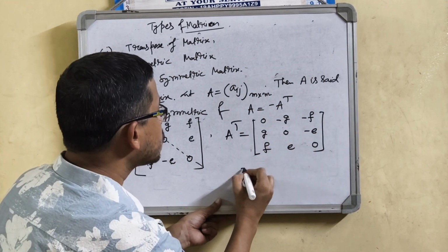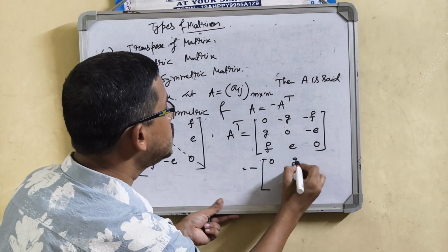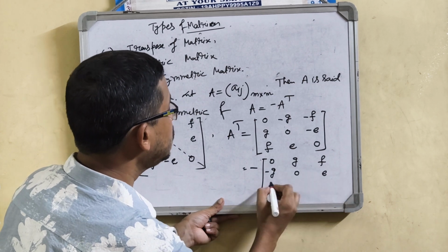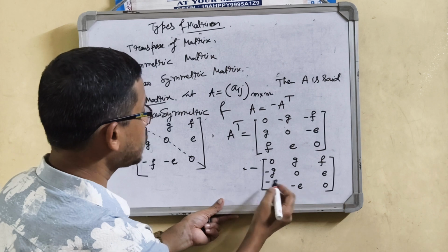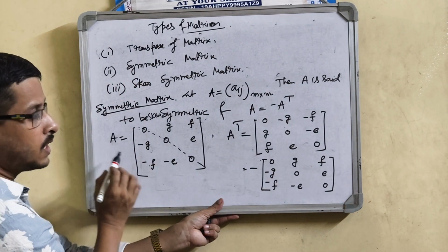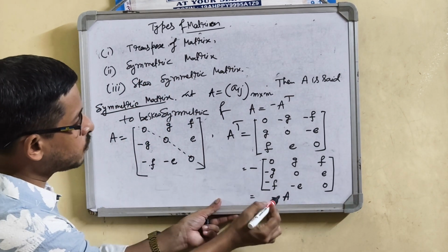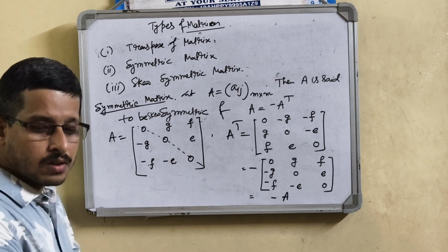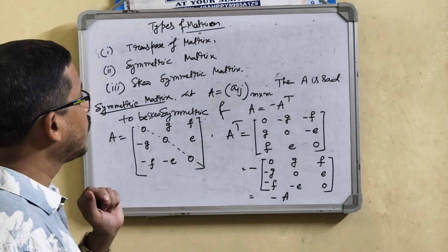After taking the minus sign, this is 0, G, F, minus G, 0, E, minus F, minus E, 0. So this is the same as the original matrix A, so we may write this as minus A. So A transpose is equal to minus A. So this matrix is a skew symmetric matrix.